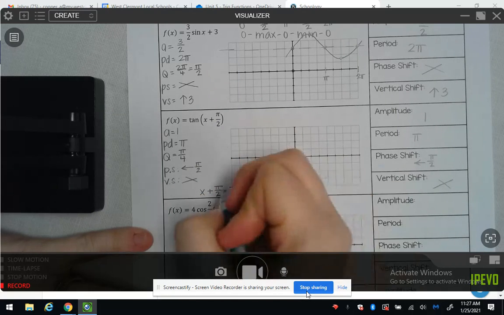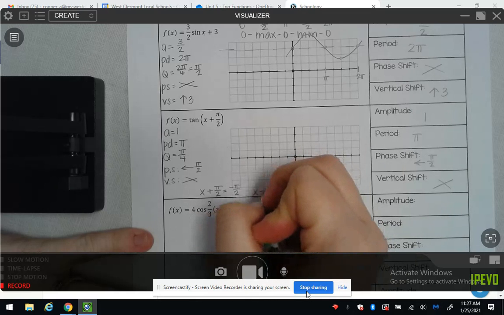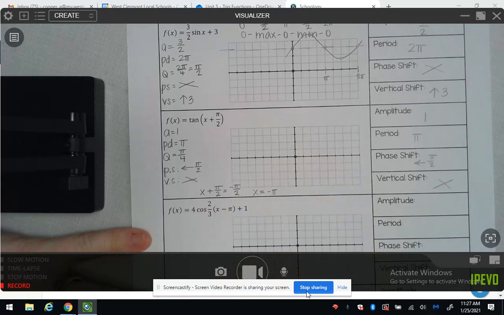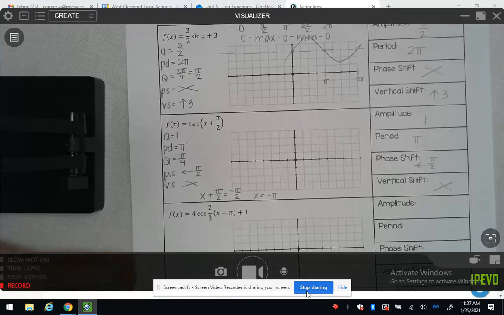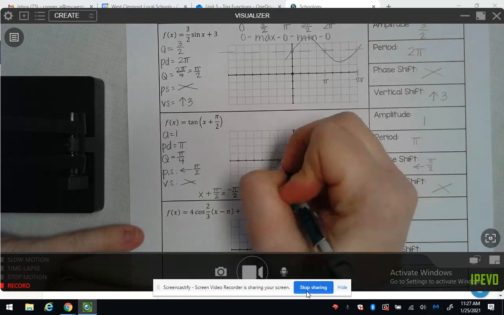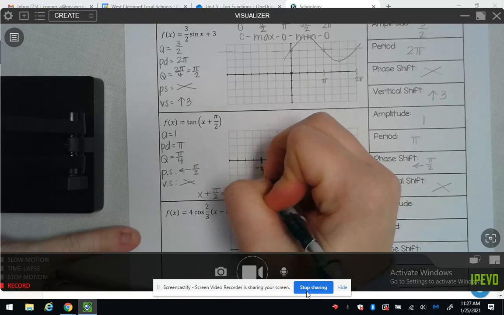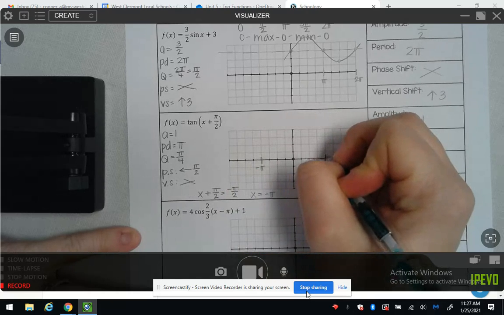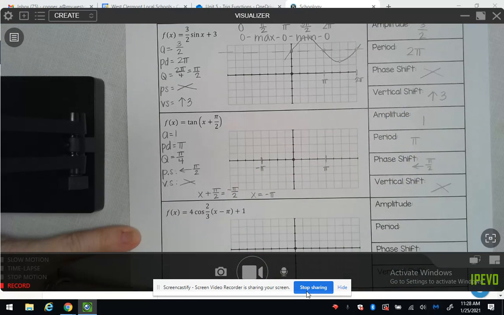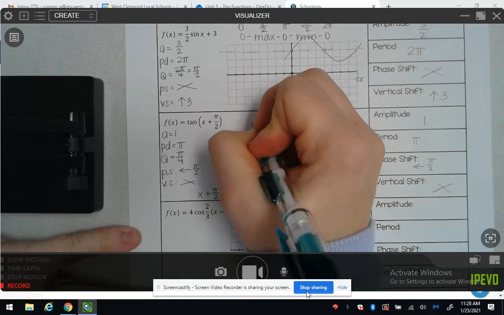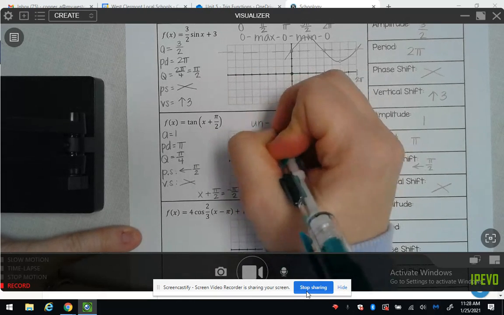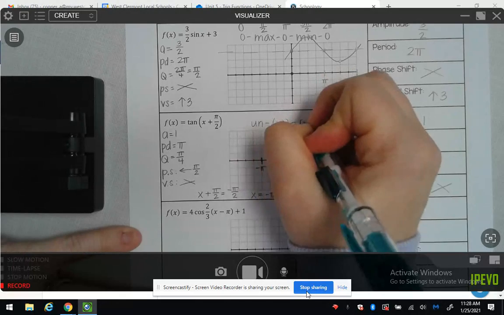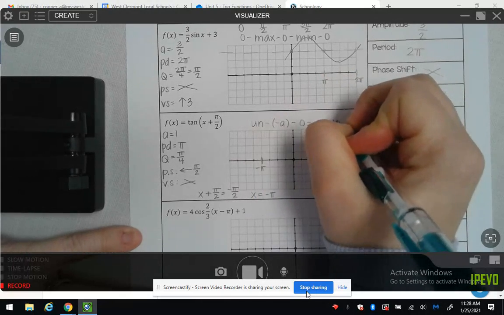I'm going to subtract pi over 2 from both sides, so I'm going to start at negative pi. So negative pi, 0, and then there's pi. So tangent: undefined, negative a, 0, a, and undefined.